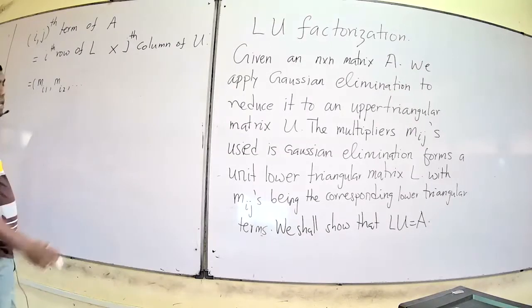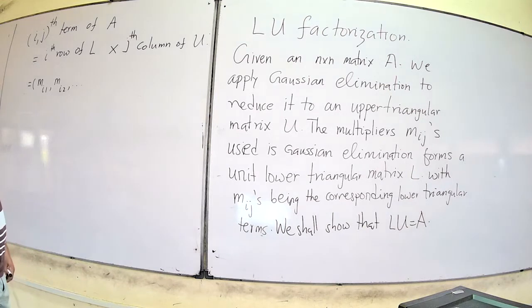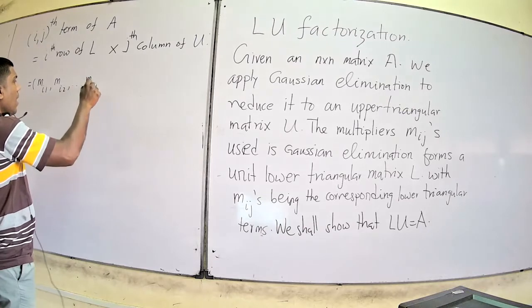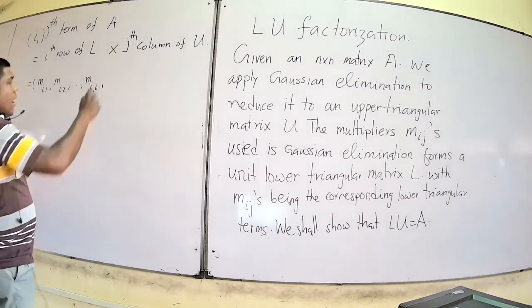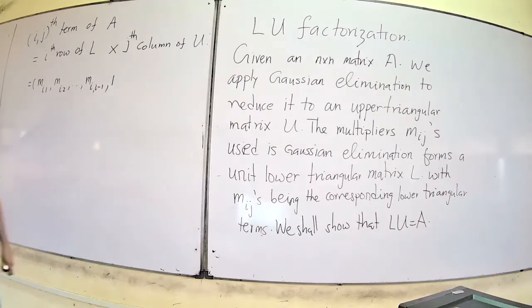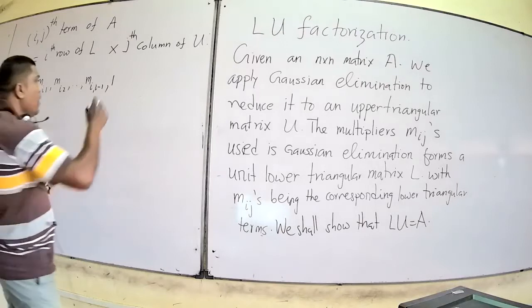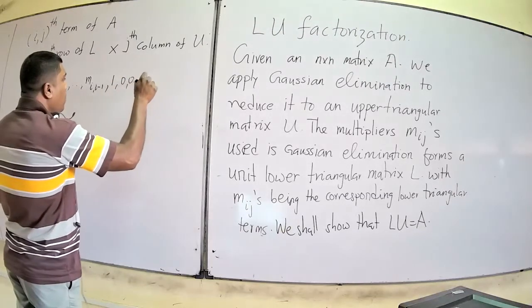It is a unit lower triangular matrix, so on the diagonal Mii should be 1. You have terms below the diagonal, 1 on the diagonal, and beyond the diagonal you have 0, 0, 0.